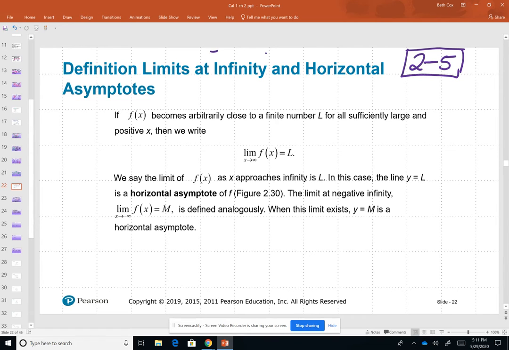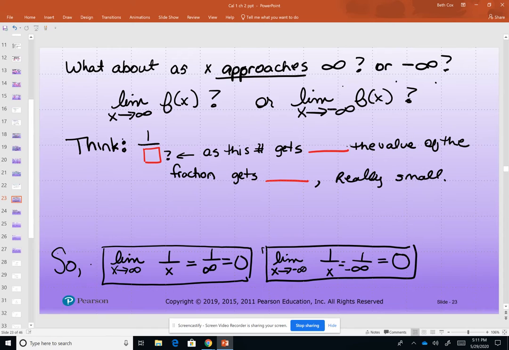We're going to look at a second situation very similar to the one we looked at before, because this is rational functions again, the ones we have to deal with for the most part. So what happens as x approaches infinity or negative infinity?